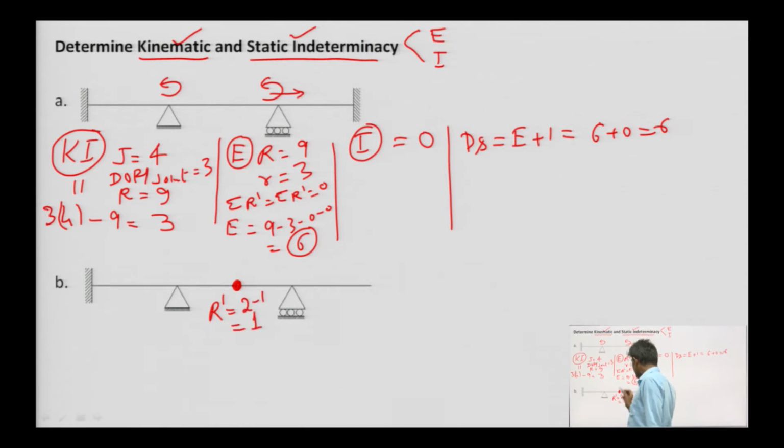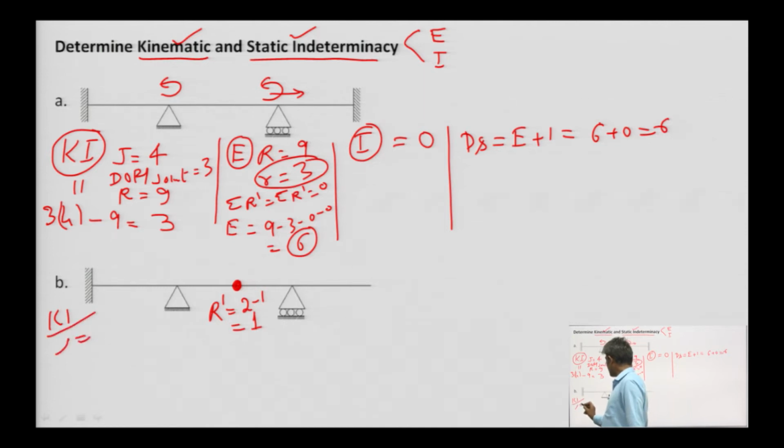So, one additional equilibrium equation is available. Apart from the 3 equilibrium equations, sigma M, sigma F, sigma M equal to 0, we have one additional, means 4 equilibrium equations.